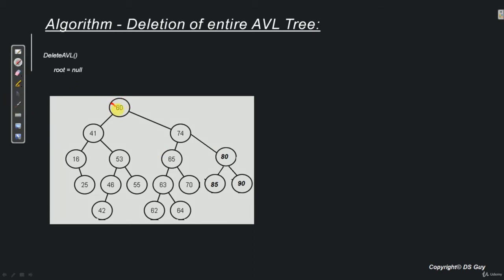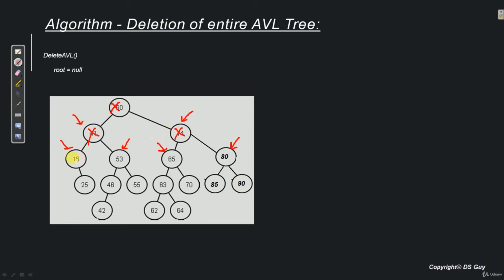So once this node is made null or deleted, automatically this node and this node become orphan. So the garbage collector deletes this node and deletes this node. Now after deleting these two nodes, automatically this node, this node, this node and this node, all the children of the previously deleted nodes, become orphan once again.